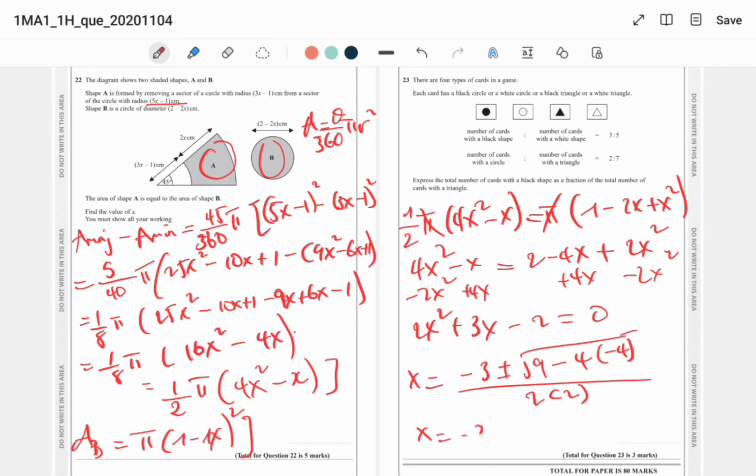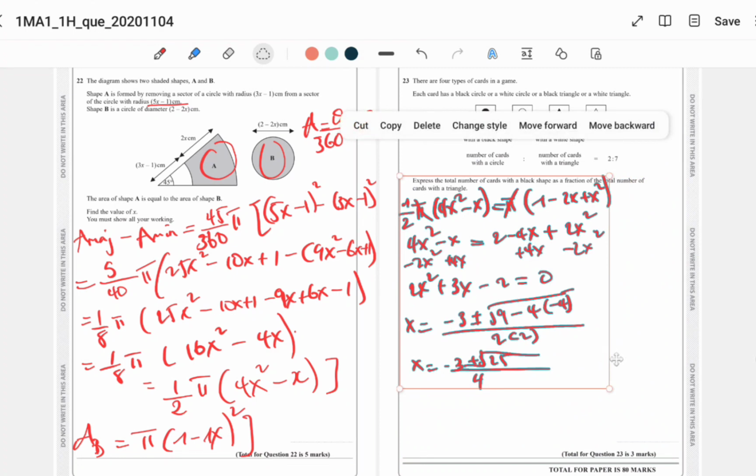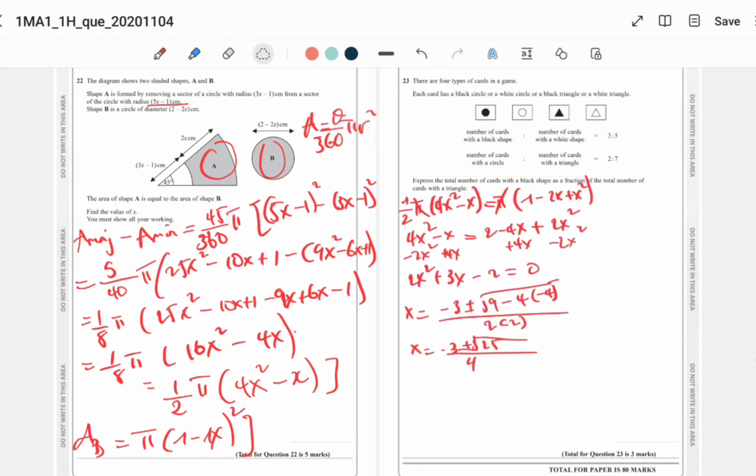So x will be equal to negative 3 plus or minus the square root of 9 minus minus, well, that will be 16, so 16 plus 9 is 25, over 4. Now I have to reduce the size of this just to get more space. And that would mean my x can either be negative 3 plus or minus 5 over 4.